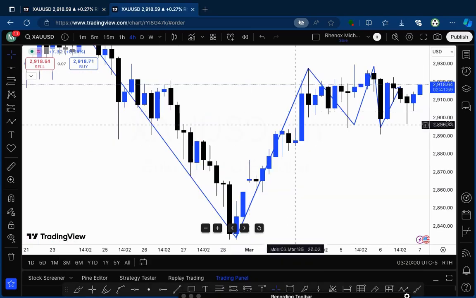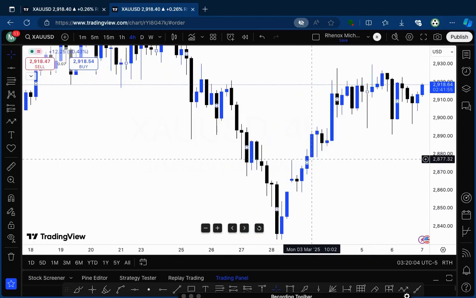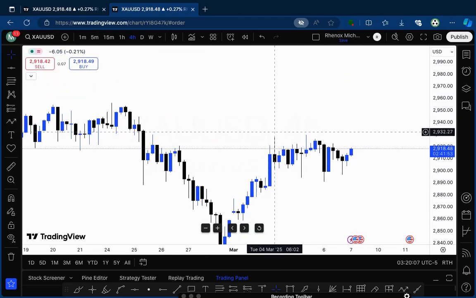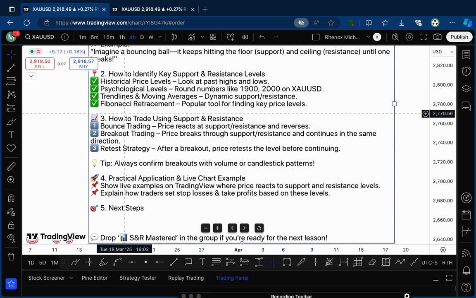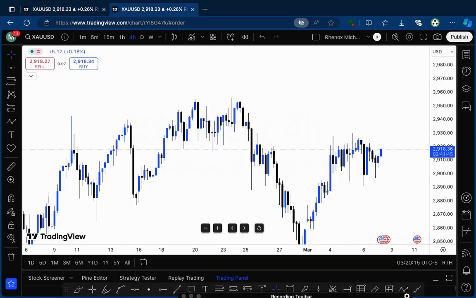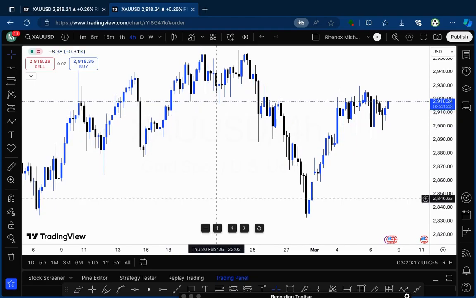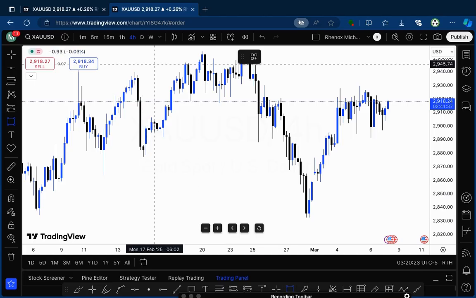Okay, let's do an example of that so you can get to see how it is. Now price reacts at support and resistance, and then we have a reverse. So first we have to mark out our support and resistance levels. Let me use the box tool.